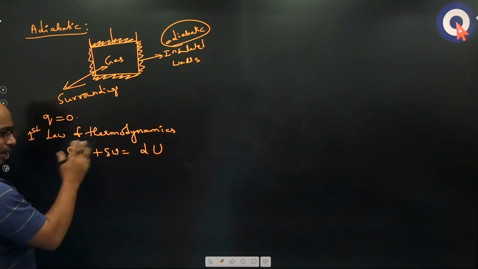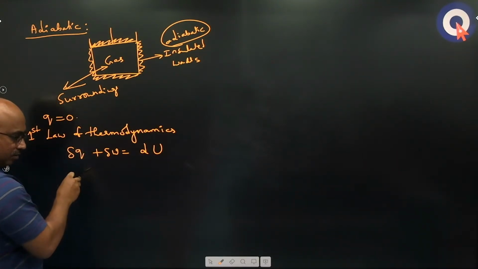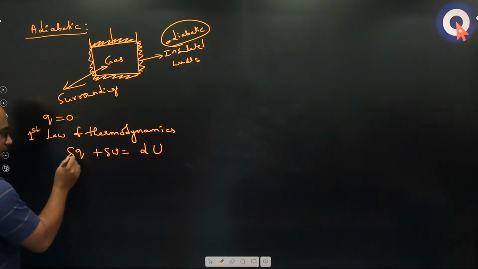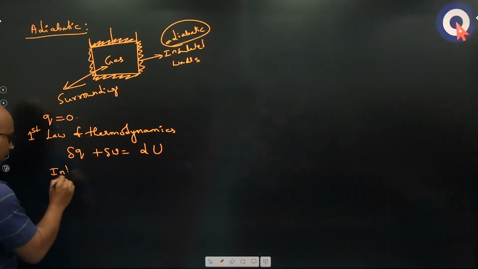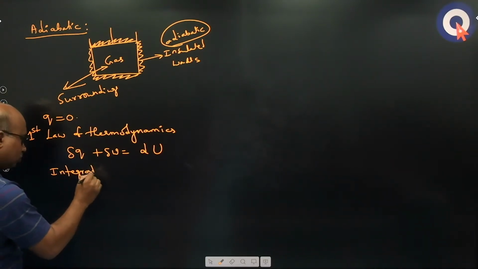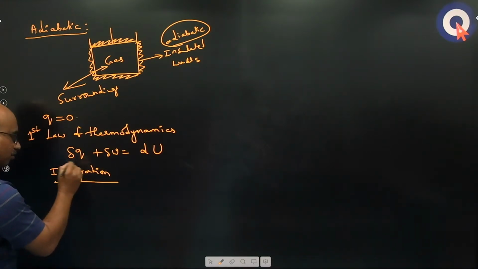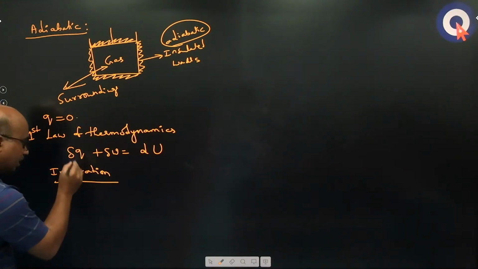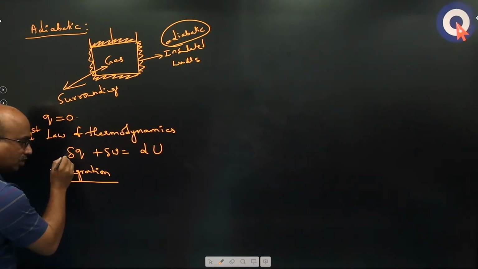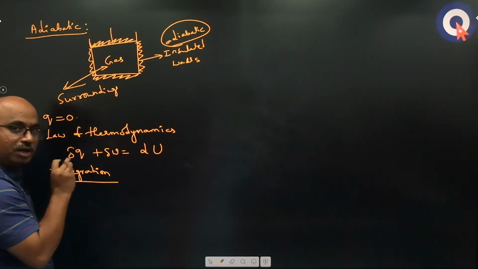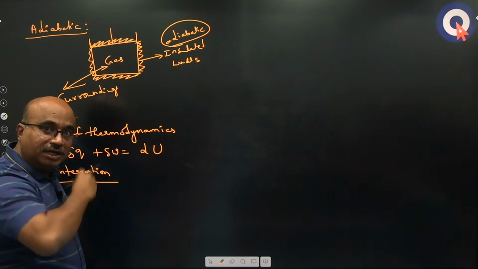So when integration is taken for these partial functions, we get the net heat. For state functions, we don't write the delta symbol for the larger changes when integration is done.